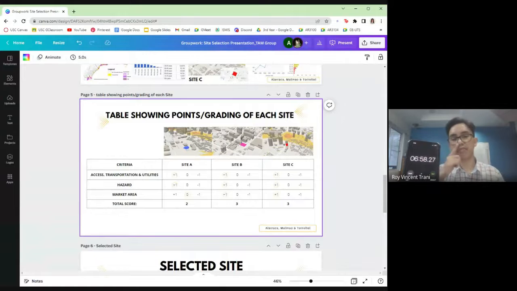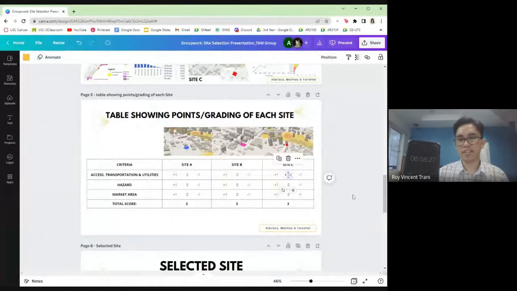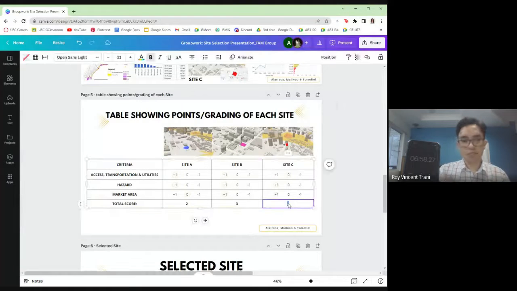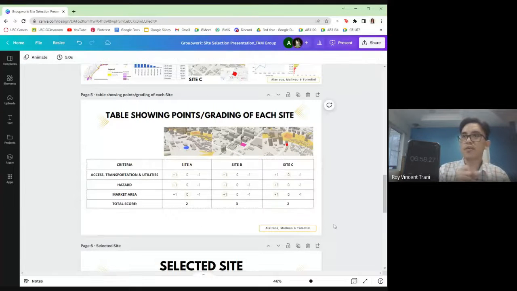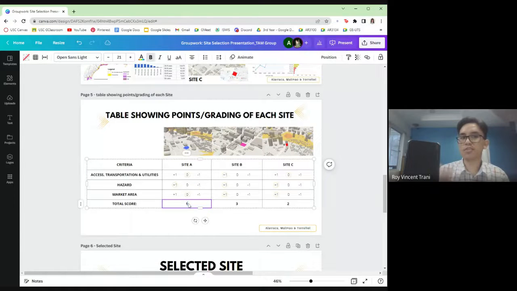And remember, for the final, we have one more step. Now that we have selected a site, we'll do a zoning map for that site. Where will the building be? It's very easy. It's just a commercial building. We drew the footprint, and then the question is which side of the road right of way the restaurant should be.